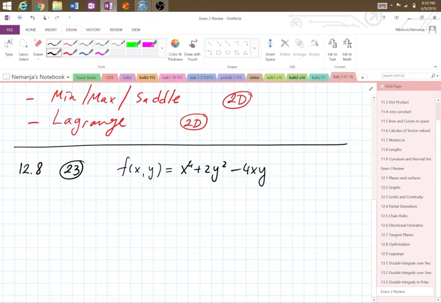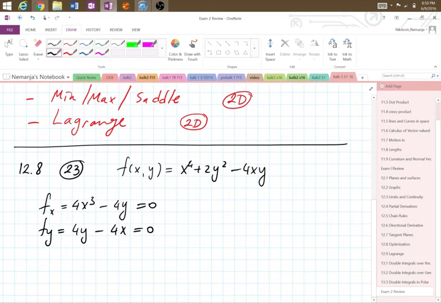And we would like to know min, max, saddle, any critical points. We find partial derivatives. So fx is 4x cubed minus 4y, and we set that equal to 0. And then fy is equal to 4y minus 4x equal to 0.